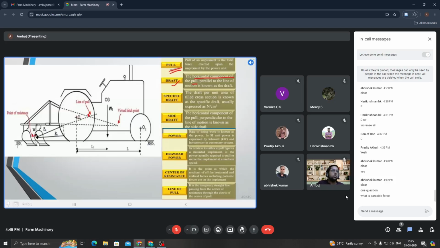When we go for our three-dimensional analysis of the forces in case of tractor and soil implement interaction, then this concept of parasitic forces comes into picture. For the time being, just remember it is the reaction force which the soil applies on the implement. Okay, clear? Okay, good.